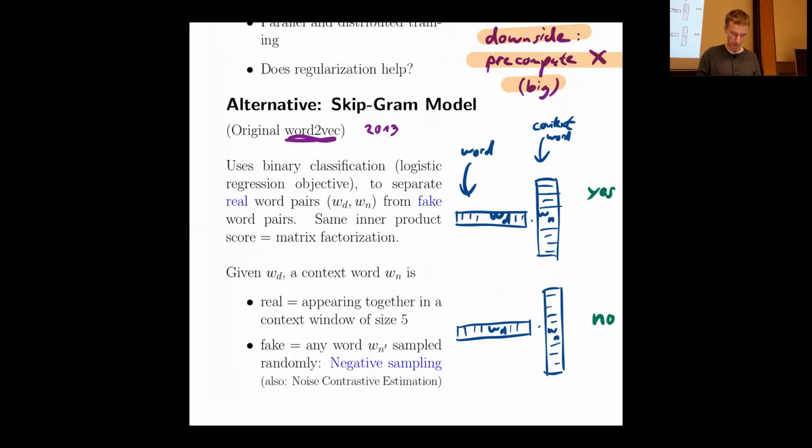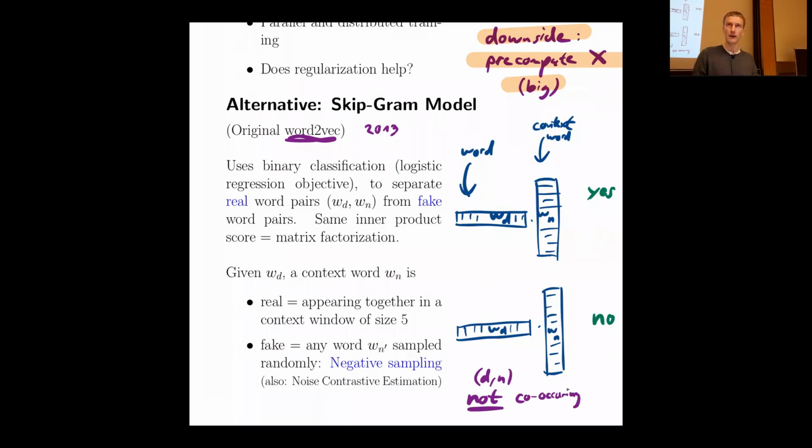Maybe you keep the same D, but you put a fake word N which does not appear together with it. These are called the negative samples. So here is D and N not, which means they're not next to each other in the text, and then the classifier should answer no.